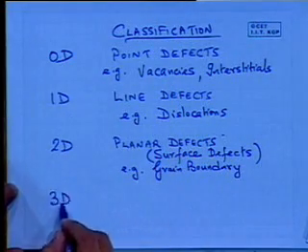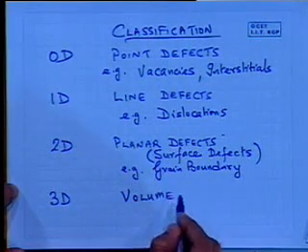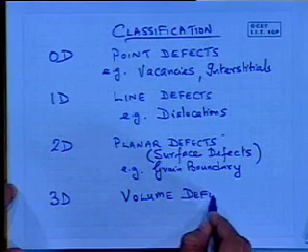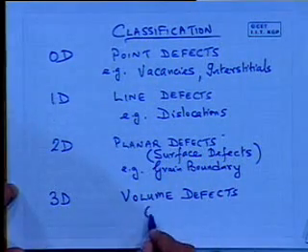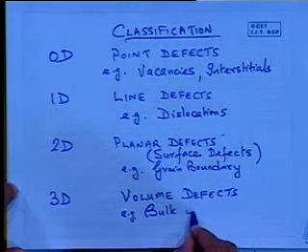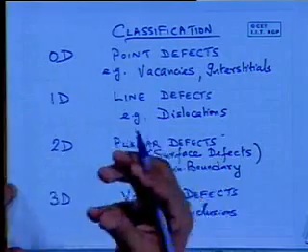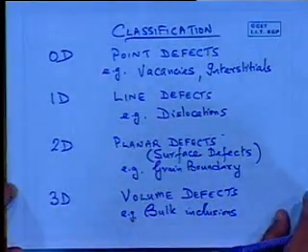And finally, you have three-dimensional defects, which are known as volume defects. They're sort of bulk inclusions. Things that should not be there, huge amounts of it, clustered together in 3D and giving us bulk inclusions.